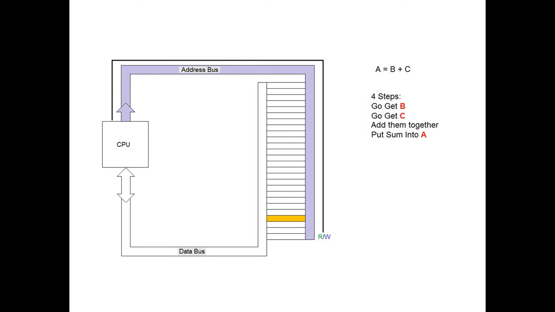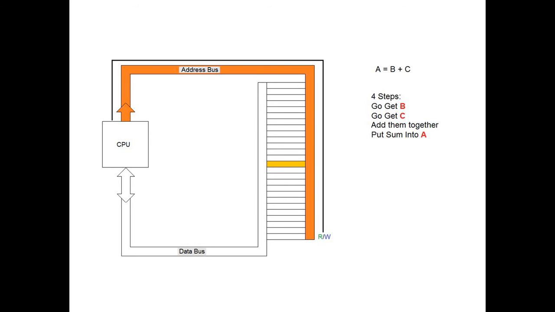The CPU then turns off the read-write line, so all memory is disconnected from the data bus, and the CPU does the math problem, B plus C, and stores the answer into one of those internal registers that I mentioned.